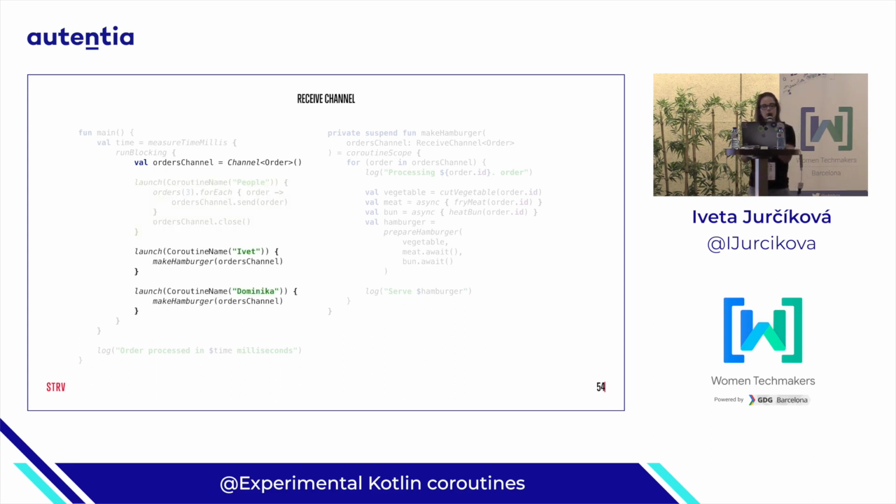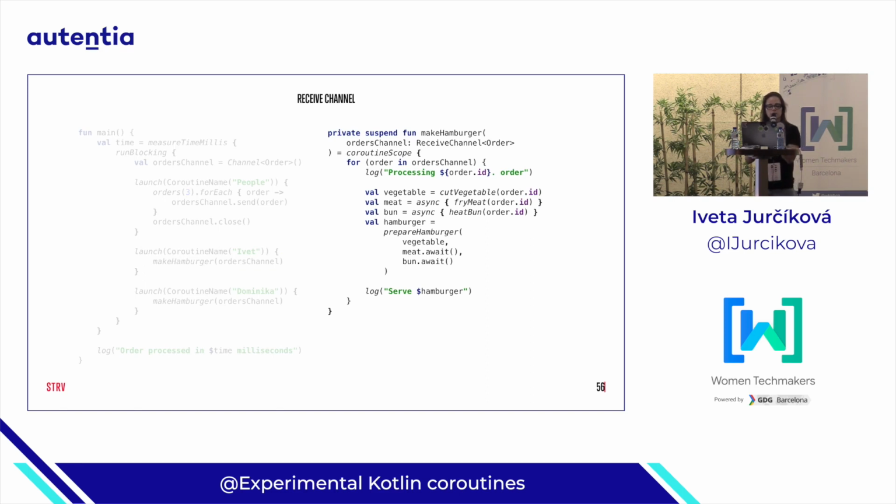As a next step, we launch 2 coroutines representing our cooks, and we implement the fan-out logic. That's the one where multiple coroutines may receive from the same channel. Inside of both suspending lambdas, we pass the channel as an input parameter so that both cooks can work with the same channel.